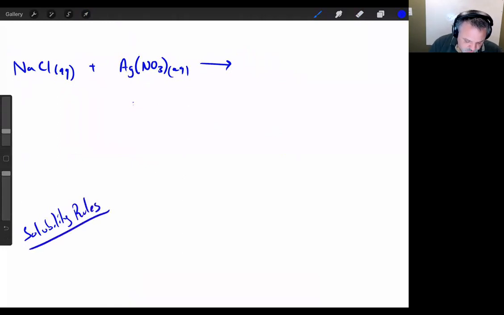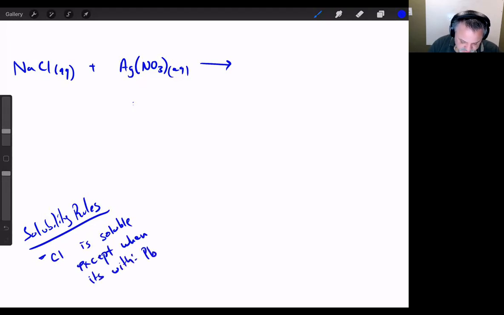And the solubility rules say this: anything that has a chloride ion is soluble, except when it's with the following cations: lead 2, silver plus, and mercury 2, but we don't usually deal with that one.